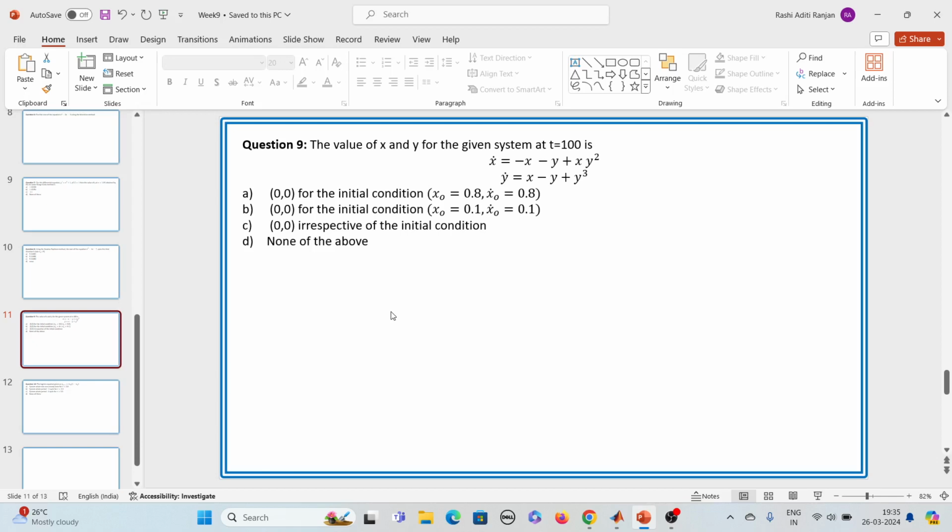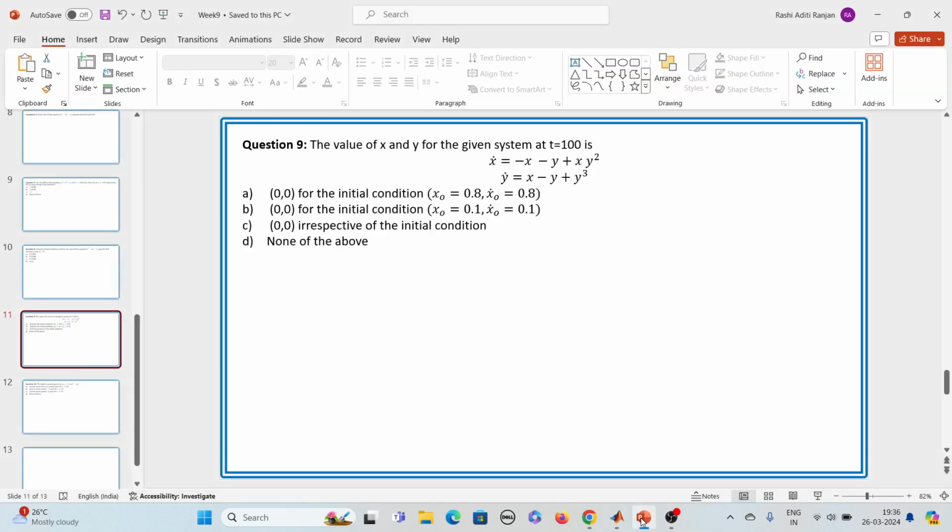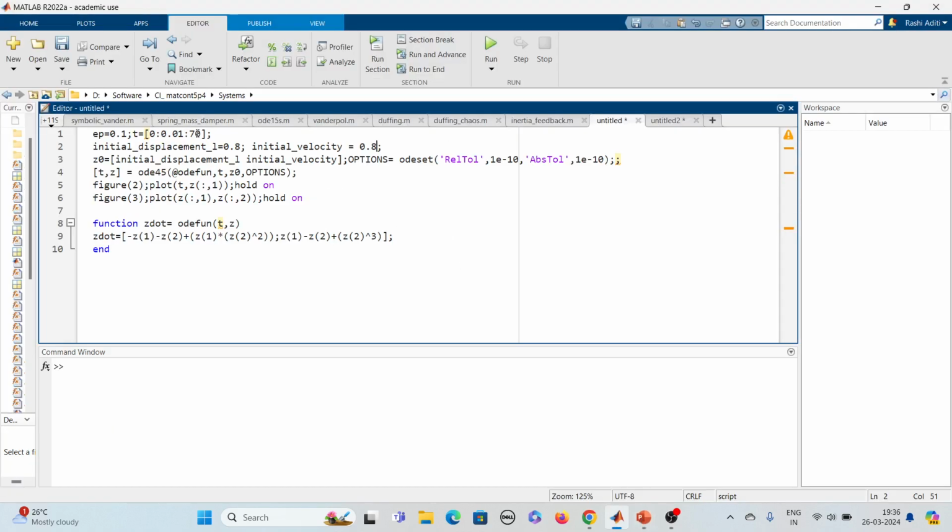If I use a numerical technique, this is the system. I've already written the MATLAB code for it. The question says at t equals 100, so first I'll have to choose this as 100.